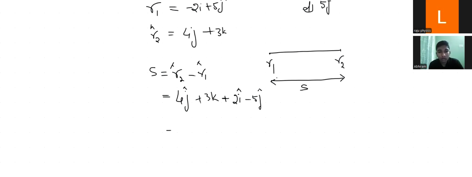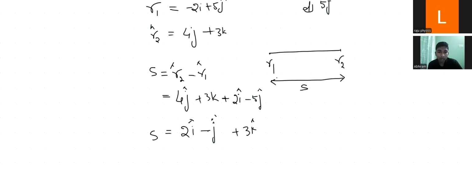I is not there in R2, so directly I am writing 2i cap. Then 4j minus 5j is minus j. And this is 3k cap. So that is the S.